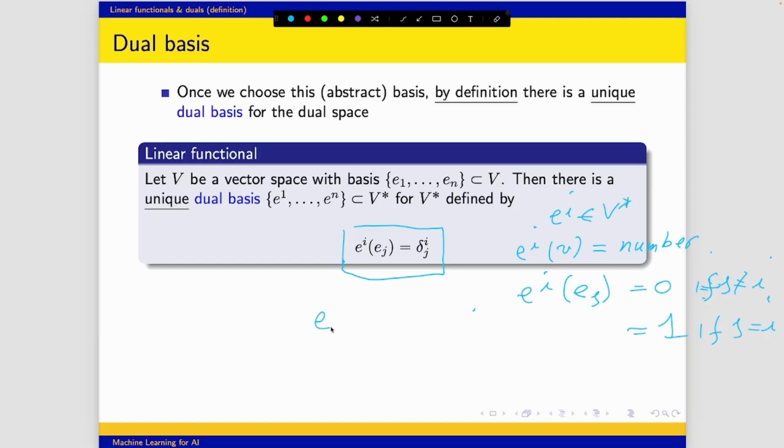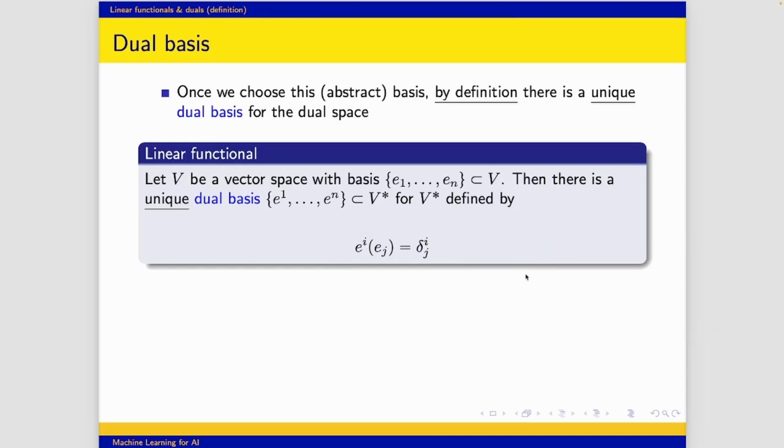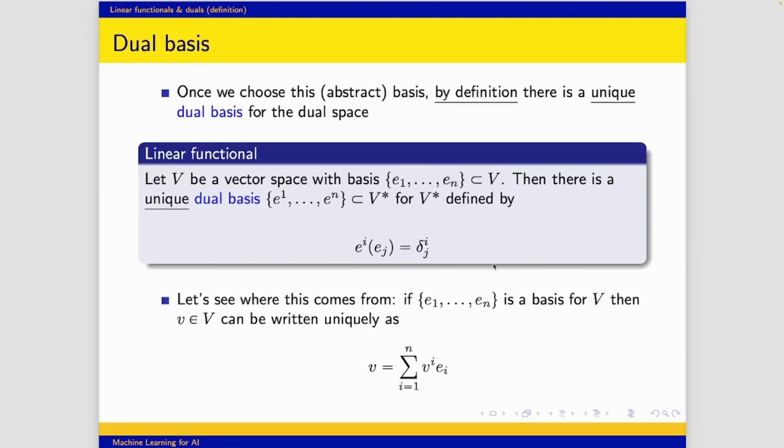So we define the first one like this. e^1 acting on e_1 is 1, and e^1 acting on e_2 is 0, e^1 acting on e_3 is 0. And then e^2 acting on e_1 is 0, e^2 acting on e_2 is 1, e^2 acting on e_3 is 0, and so on. So we are defining it this way. That's our choice.